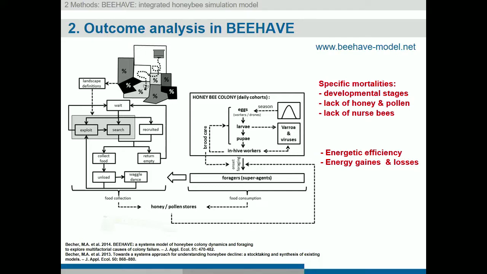And this model also integrates a virus-transmitting varroa mite population, which is linked to the colony module, and also a foraging module. Here, foragers can collect nectar and pollen from a landscape, and this foraging module is linked via the energy income to the colony module, which determines the colony's pollen and honey stores, and also the structure and dynamics of the colony.